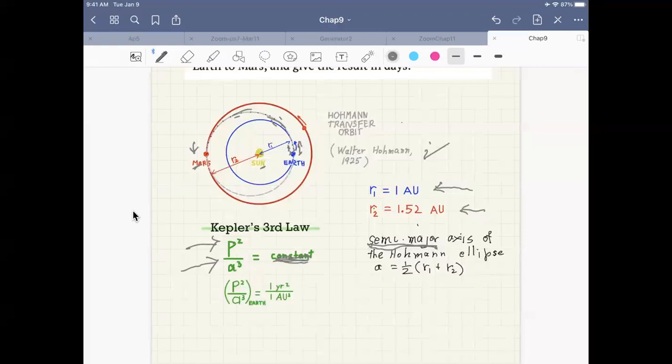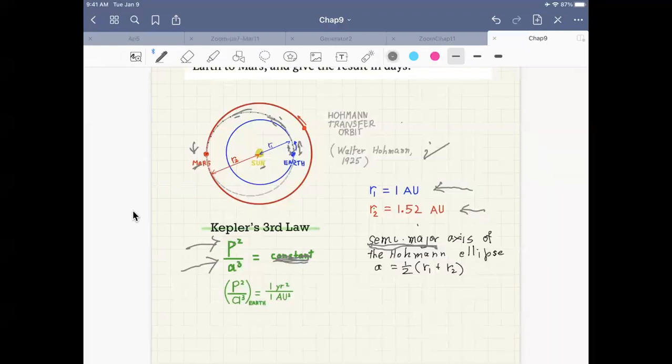So p squared over a cubed for the Hohmann ellipse is equal to p squared over a cubed for the Earth, or for Jupiter, or for any other mass in orbit around the sun.